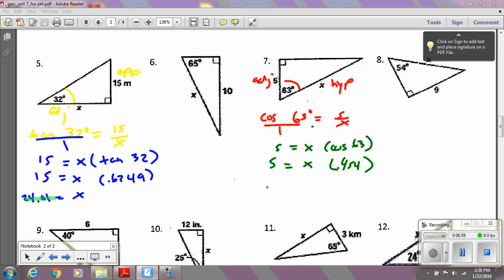And now you're going to divide both sides again. So 5 divided by 0.454 will give you x, 11.01 is equal to x.